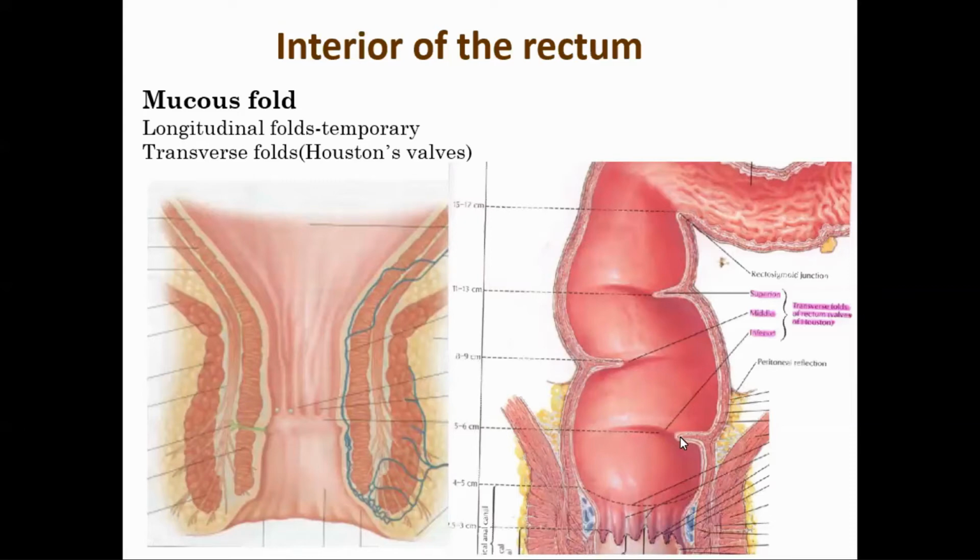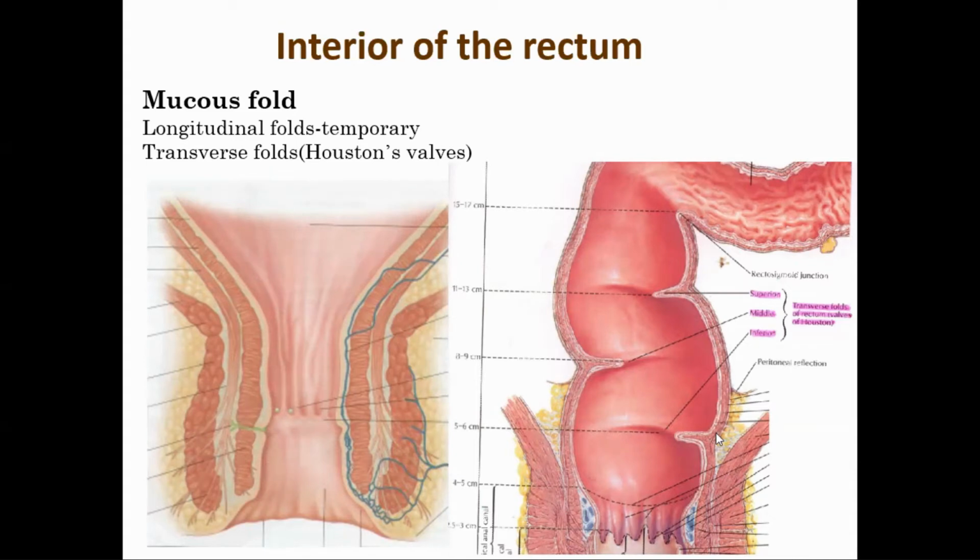Now the inferior valve is present opposite the lower lateral curvature, and it is present in the left lateral wall of the rectum.